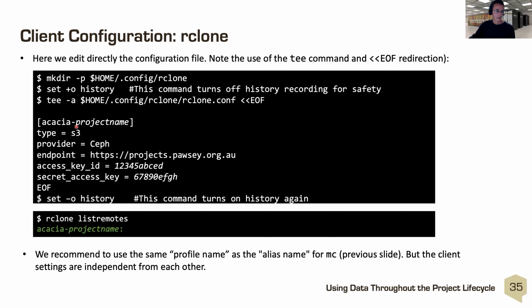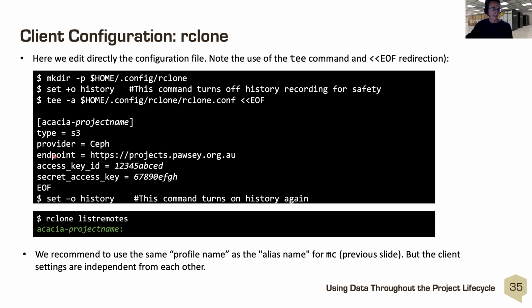So we're going to call this profile name Acacia, and then we suggest using your project. The idea is that this configuration is for your access to the project storage: Acacia dash and the name of your project.